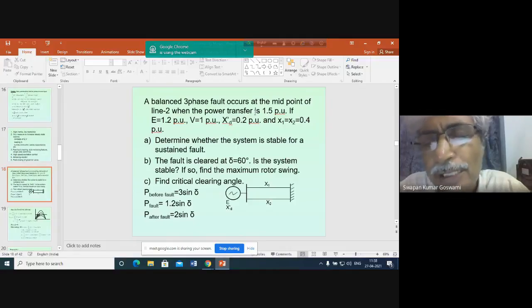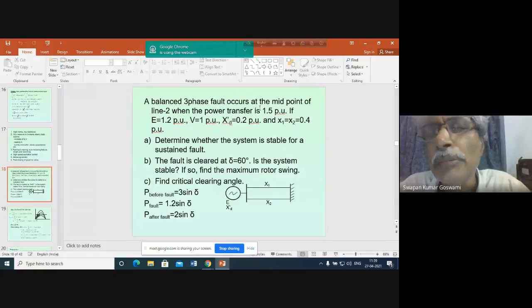So additional flux is created. What is the role of this additional flux? This additional flux, created due to the induced current in the damper winding and the induced current in the field winding, will oppose the very cause. What is the very cause here? The cause is the increase in the armature flux.